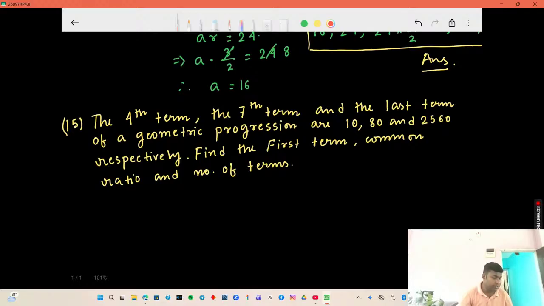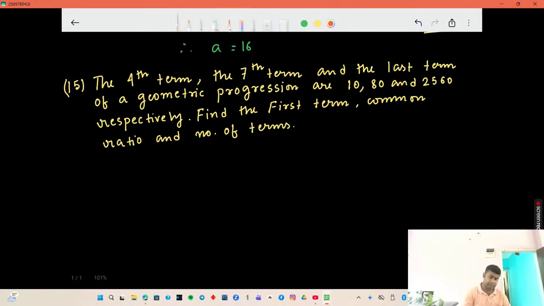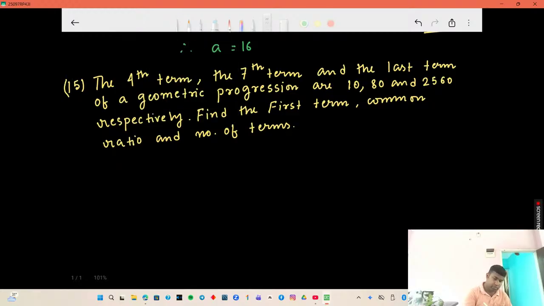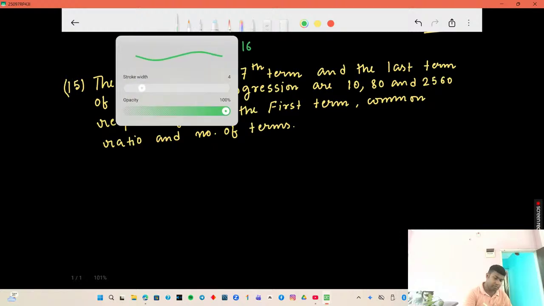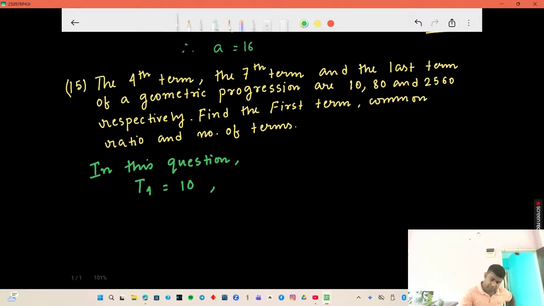So now in this GP, in this question, it is given that T4 is equal to 10, T7 is equal to 80, and L is equal to 2560.